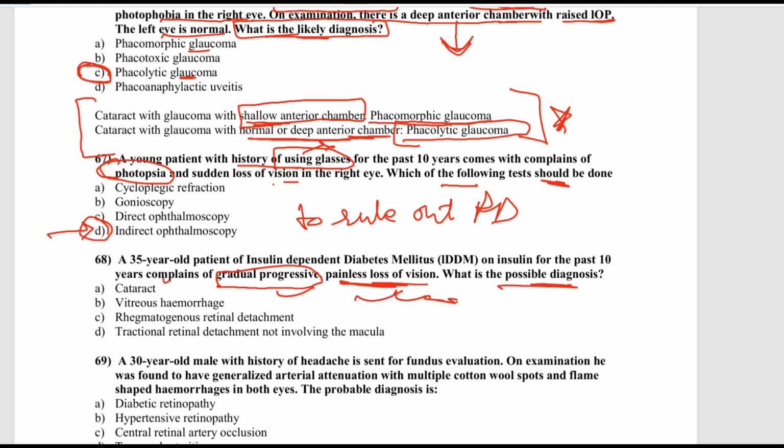The options are cataract, vitreous hemorrhage, RD, and tractional retinal detachment not involving the macula. Whenever there is gradual, progressive, painless loss in diabetes, the most suitable option is cataract. If there were other findings like sudden vision loss or hemorrhages, we could think of the other options.